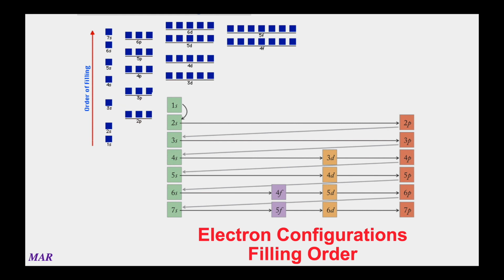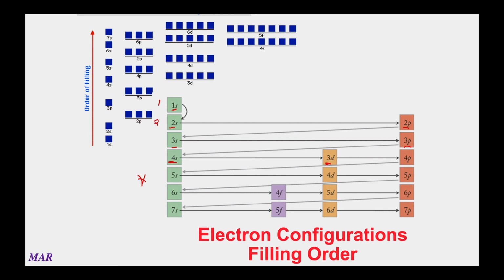This is, again, the electron configuration filling order. It's based on the Aufbau. Notice in the lower right-hand corner here, this is basically the periodic table telling you which ones you fill in. So 1s, as we saw, always first, 2s, and then follow the arrows to 2p, 3s, follow the arrows to 3p, 4s first, here's 3d, so 4 minus 1 is 3.